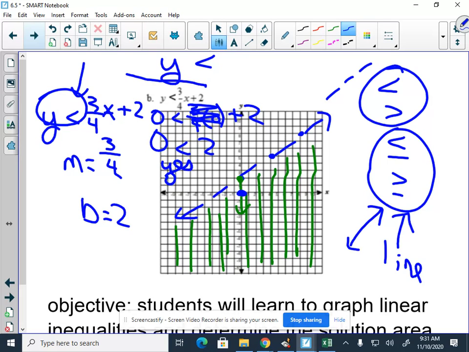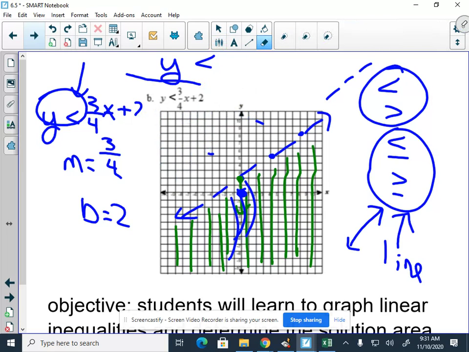That's true. So since it worked, I would shade on this side because 0, 0 is in that region. If it didn't work, I would have shaded on the other side. So our answer should look as it appears on the screen.